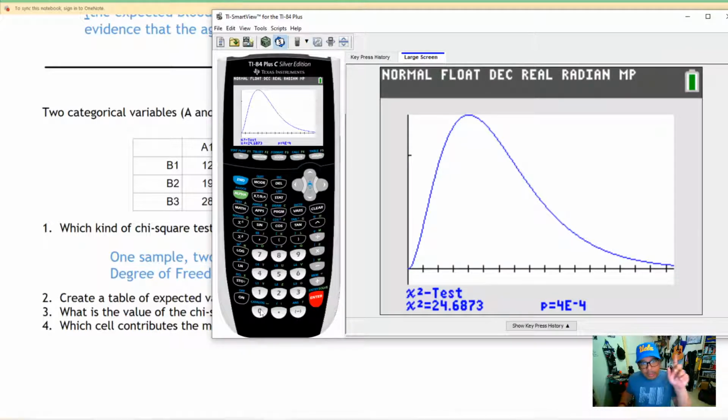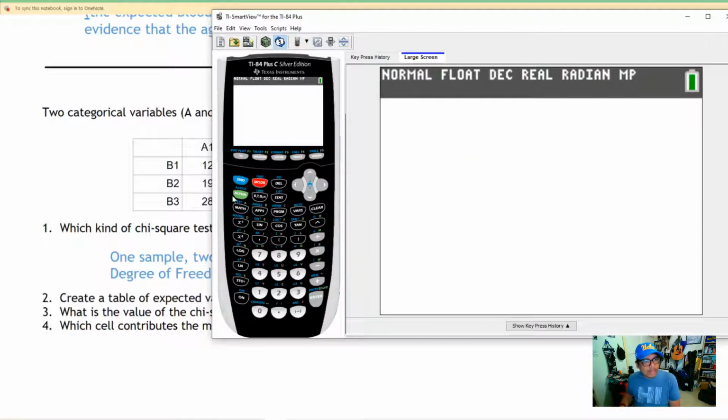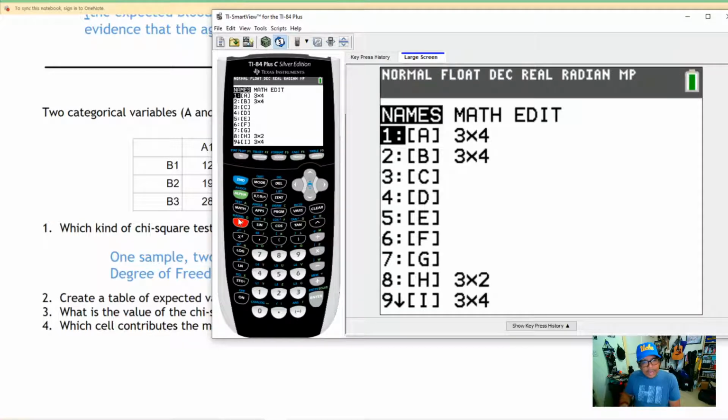But wait a minute, we were looking for the table of expected values. So to get the table of expected values, we would go back to the home screen, go back to that matrix menu, and now take a look. I don't know if you noticed it, but matrix B had dimensions 3 by 2 earlier, and now it has dimensions 3 by 4.